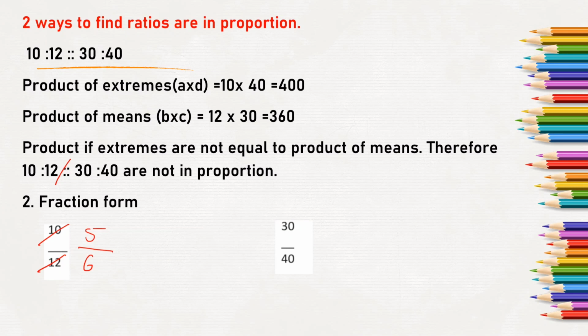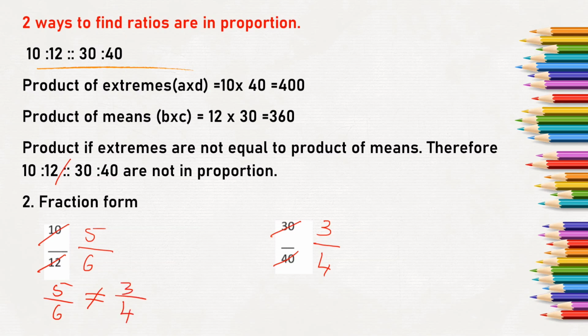Now divide both the terms. Both are divisible by 10, right? 10 threes are 30 and 10 fours are 40. So we got 3 by 4 after dividing each term by 10. Here, 5 by 6, is it equivalent to 3 by 4? No, it is not equivalent to 3 by 4.